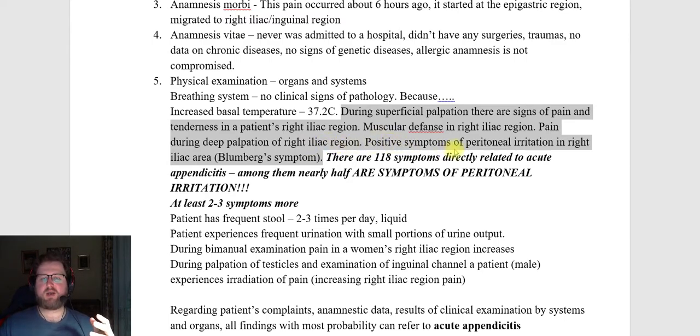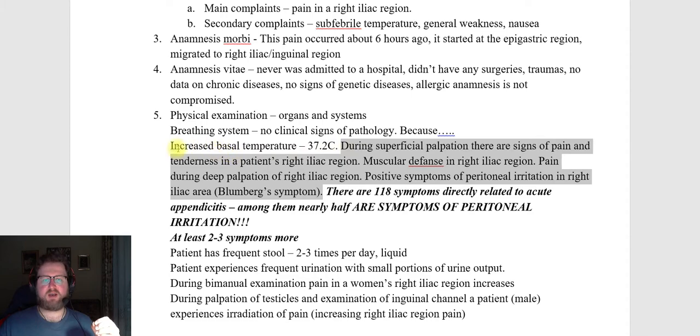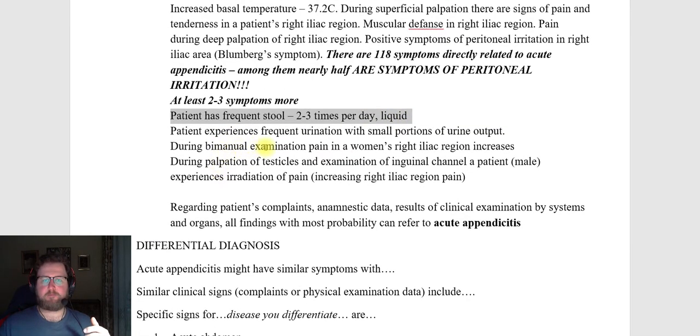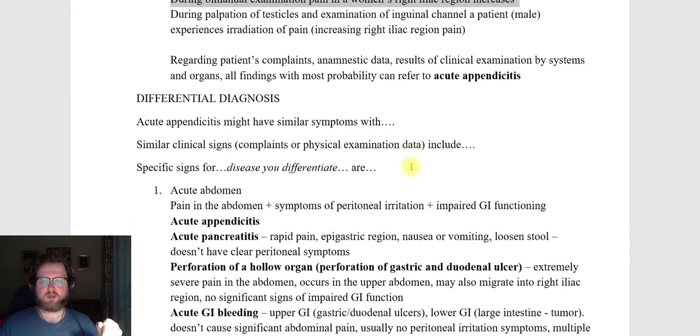This patient has positive symptoms of peritoneal irritation. Beside that, he has an increased temperature. Also, we've noticed that he had loosened stool with liquid consistence. He has frequent urination, and if this is a female patient, we notice that the pain increases during bimanual examination.